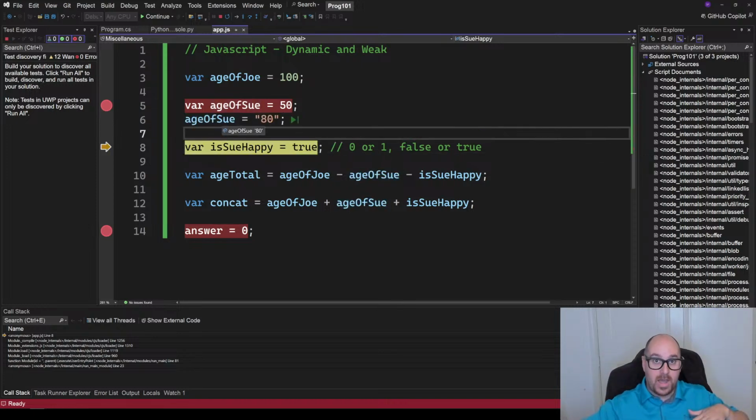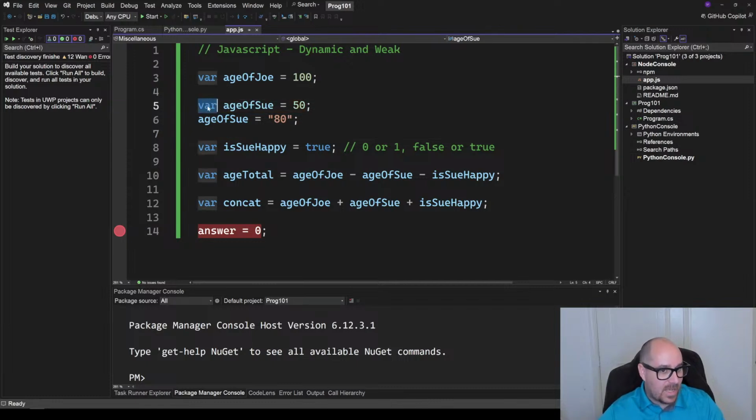Now, from now on, until someone changes it again, age of Sue is a string. And so dynamically at runtime, it says, I'm going to be this thing. This is my type. I am a string. Age of Sue, the variable, is a string now and forever until at some point someone goes in and changes it. That's at runtime. That it determines what the type is at that moment in the code, in the runtime, while it's running.